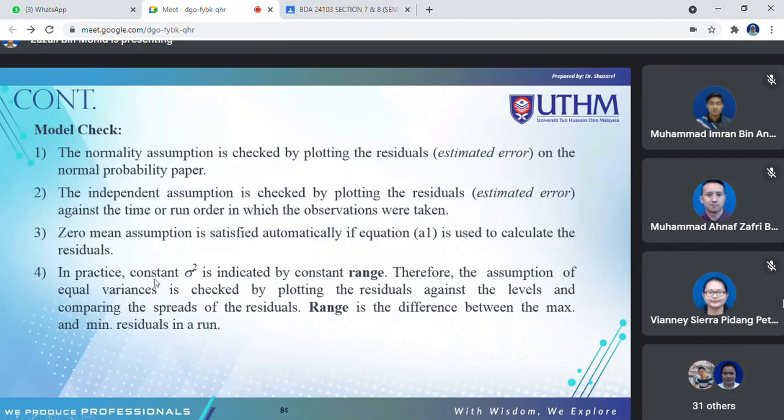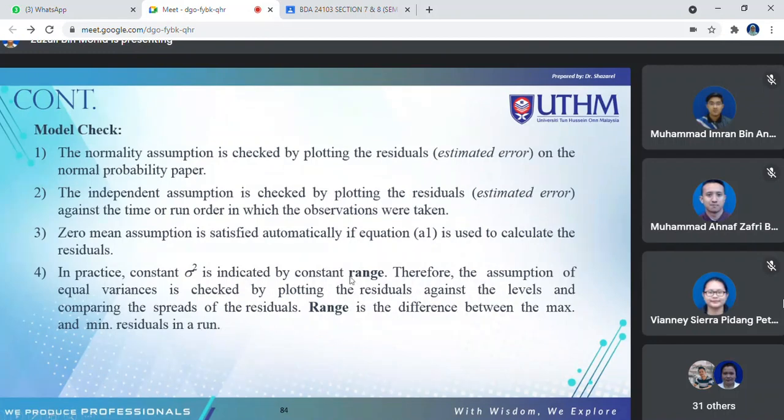In practice, constant variance is indicated by constant range. The assumption of equal variance is checked by plotting the residual against the level and comparing the spread of the residual. Range is the difference between the max and minimum residual in a run.